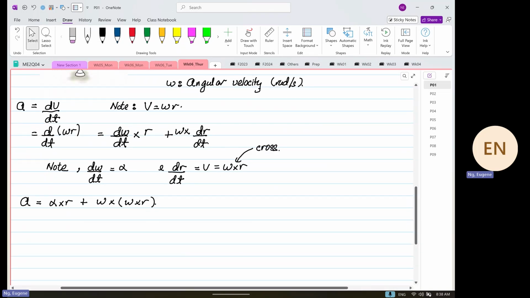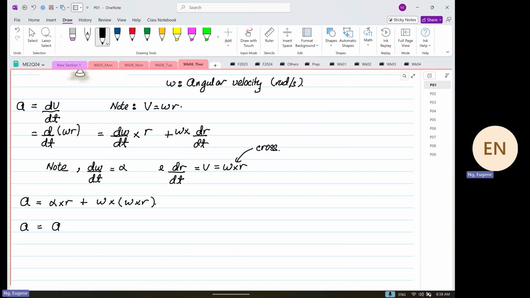So this in turn has a equal to a tangential plus a normal. So the acceleration in magnitude can be determined by a equal to a tangential plus a normal.